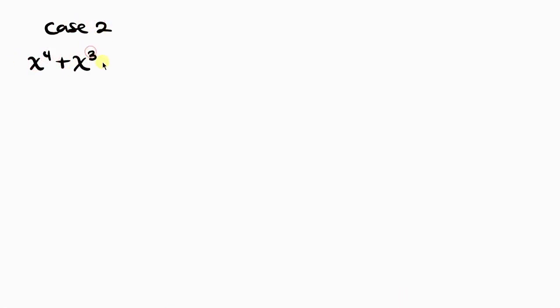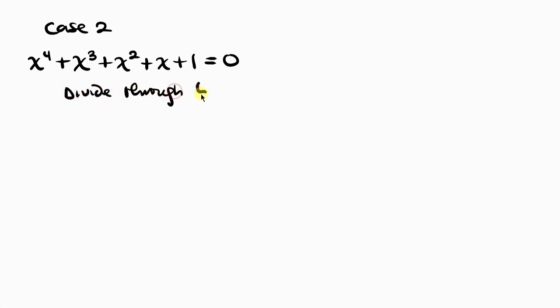Now for our second case, let's call this case 2. We have x to the 4th plus x to the 3 plus x squared plus x plus 1 to be equal to 0. Now we're going to be dividing through by x squared. So let's do that.